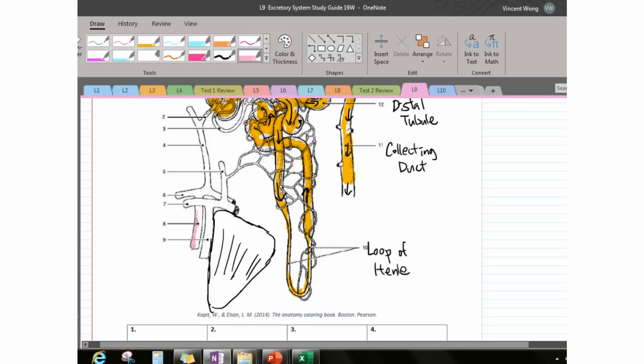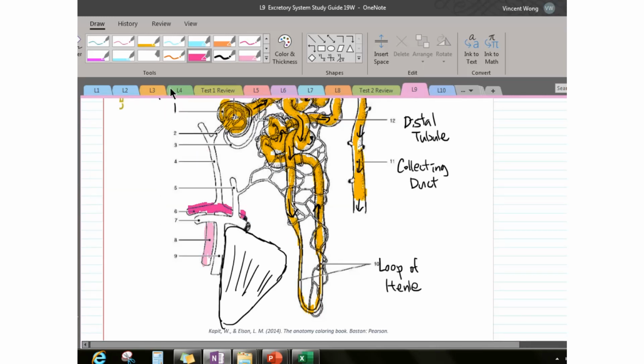Over here, this one is going to branch into this one that's going to go across your outer edge. This is going to go up, and then it's going to go in to our glomerulus.